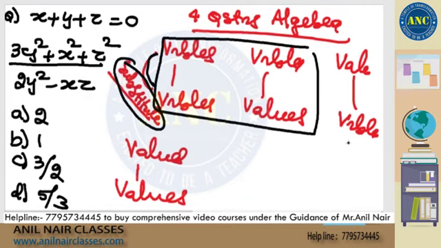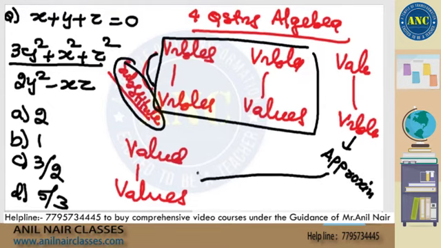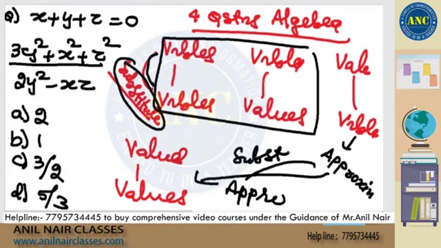The rest you will approximate or simplify after substitution. If the question contains variables and the answer contains variables, you will substitute. If the question contains variables and the answer contains values, again you will substitute.